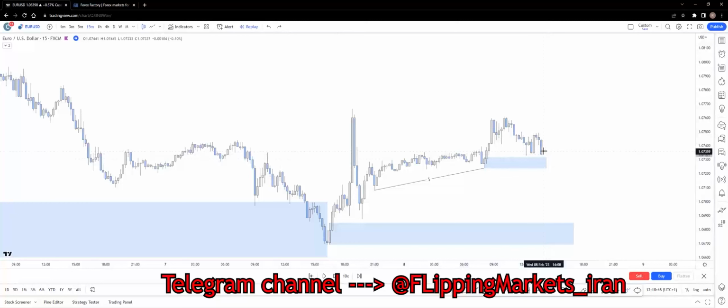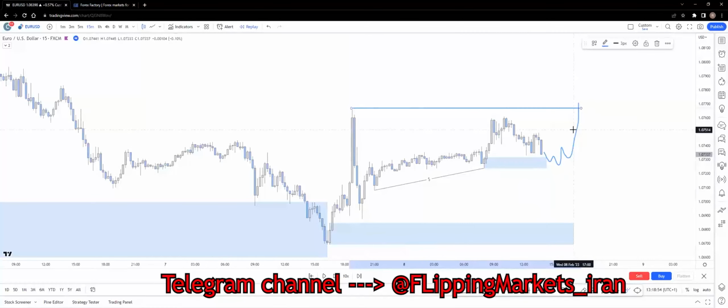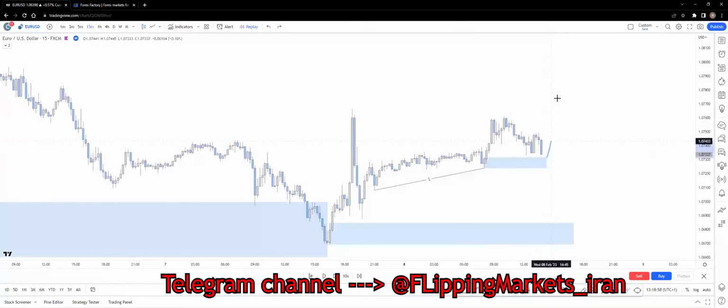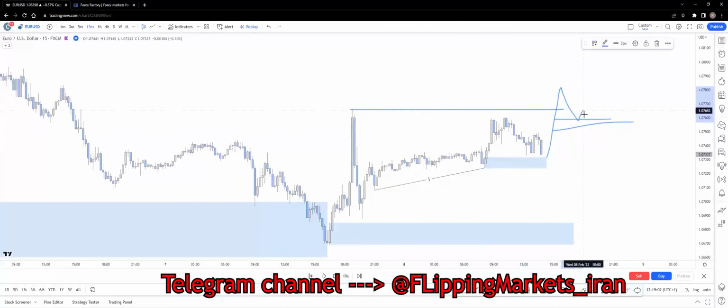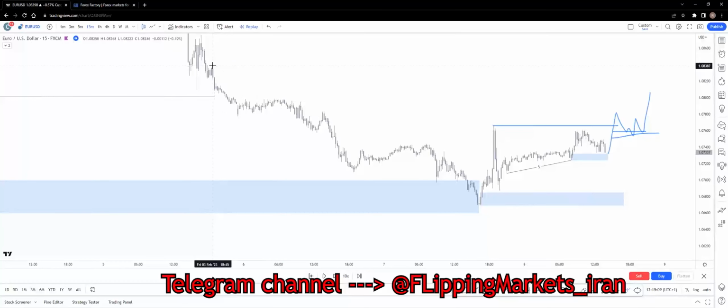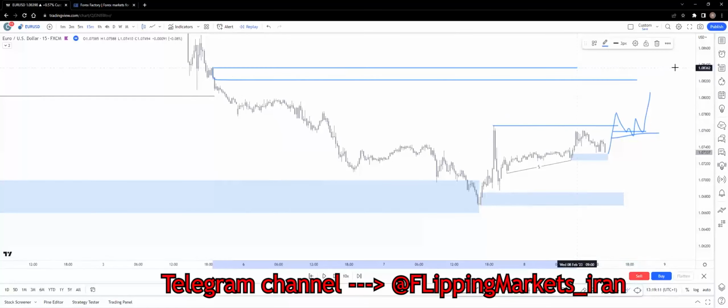Or if price can't manage to give us a confirmation entry on this 15-minute demand, then a new breakout structure here to the upside. And after a new breakout structure, on the newly formed 15-minute/5-minute demand, I will look for longs up to the valuable 15-minute supply zones, which will be like here.